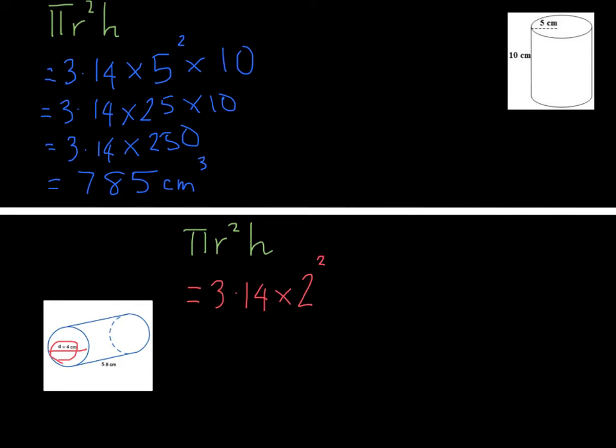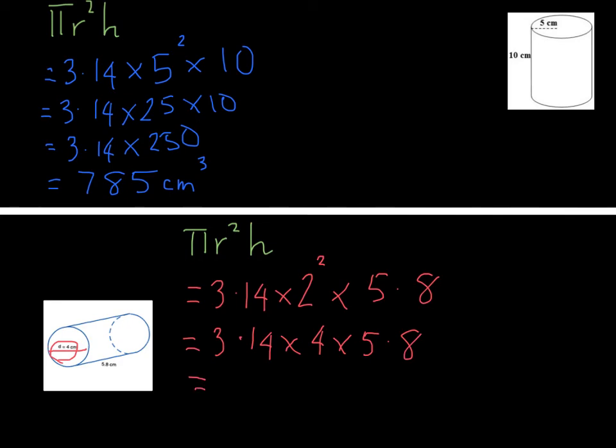So 2 squared and then times by the height of 5.8. Don't get confused by this question knowing that 2 squared is actually 4, because when you get a diameter that is slightly different, it may not work out the same. So 3.14 times by 4 times by 5.8.